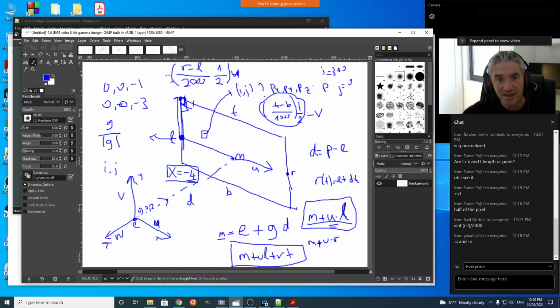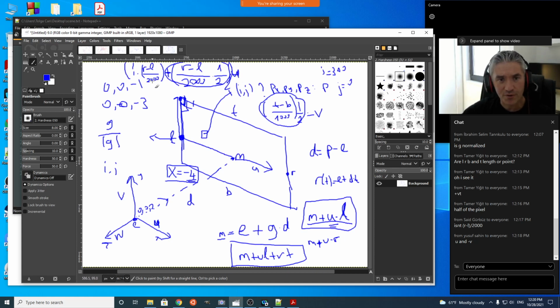So I need to add to this i times the pixel width, so add r minus l, without dividing by 2: i times r minus l divided by 2000. These are in parentheses before multiplying with u, and you can work out the math to simplify this.